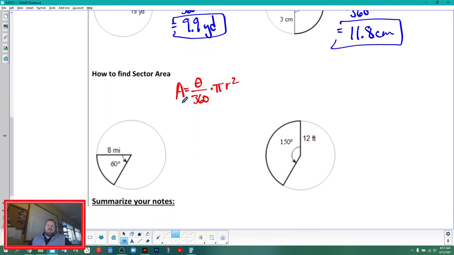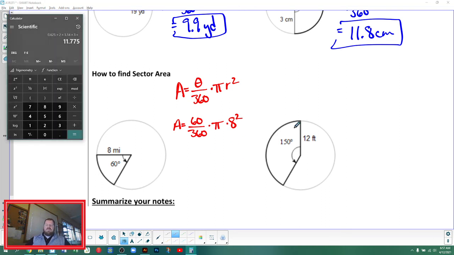So let's take a look at these two. Here we have 60 over 360. Which reduces, but it doesn't reduce to 1 over 300 like some people want it to. So be aware of that. 60 divided by 360 times 3.14 times 8 squared is 64.